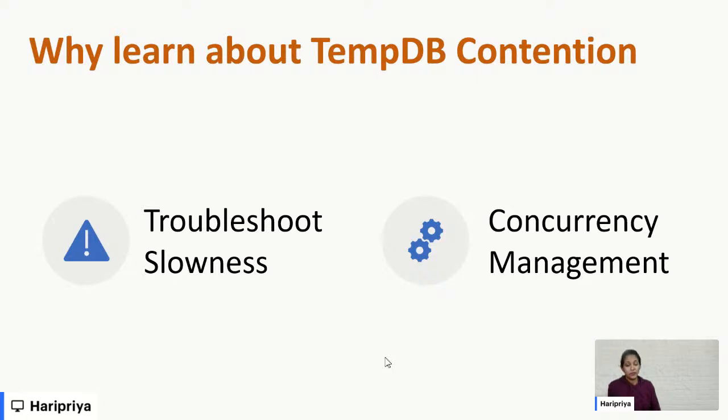And speaking about concurrency management, on any production server at any given point of time, you have hundreds or thousands of concurrent transactions running. How do you manage them all without causing contention? It is important to understand how contention occurs first, and then you can resolve it. At the end of the session, we will have addressed both the slowness and how to manage concurrent transactions.